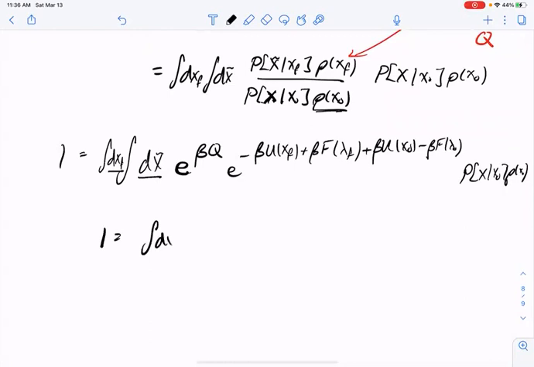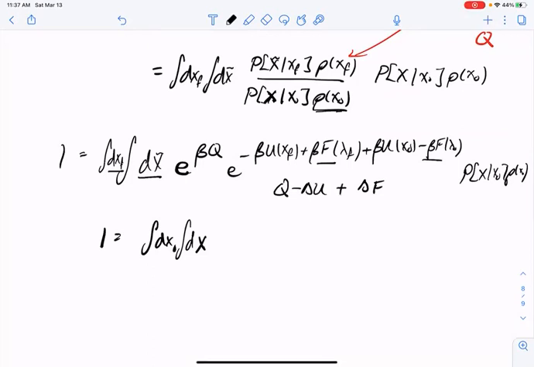So I can do a change of variables. There's no Jacobian associated with changing them. This is some delta f. I have, in addition, a q minus a delta u.